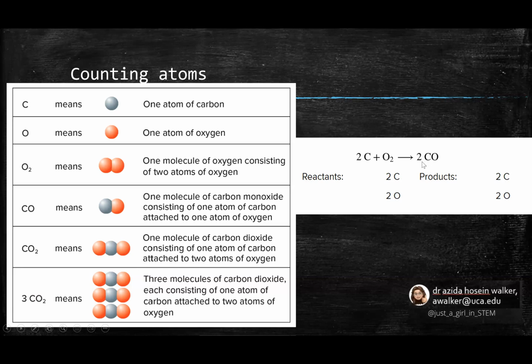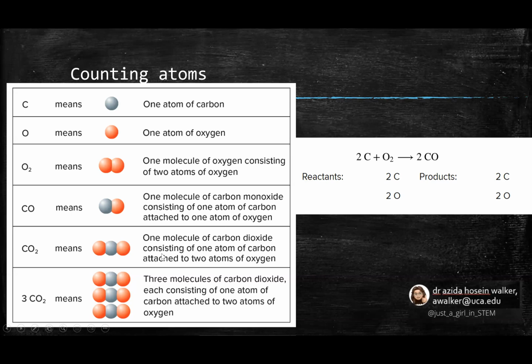And if we have 2 CO here, you see we have the carbon monoxide compound. It also has 2 carbons and 2 oxygen. And so we will say that this chemical reaction is balanced because the number of atoms in the reactants is equal to the number of atoms in the products. Sorry, the number of products that we get. The number of atoms in the reactants is equal to the number of atoms in the product.